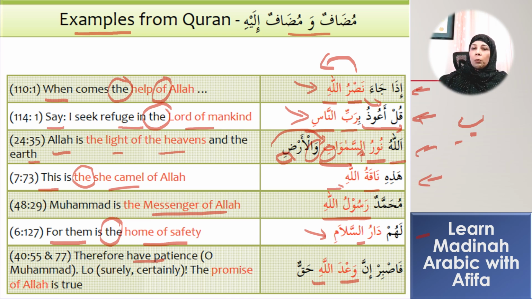So you might be wondering why there is a fatha in the wa'ada. It is because it has been preceded by an inna, and inshallah those are things we will cover in the future lessons. But here it suffices to know that wa'ada is the mudaf and Allahi is the mudaf ilayhi. So at this point you're trying to recognize the idafa constructions with the of, right? Promise of Allah.